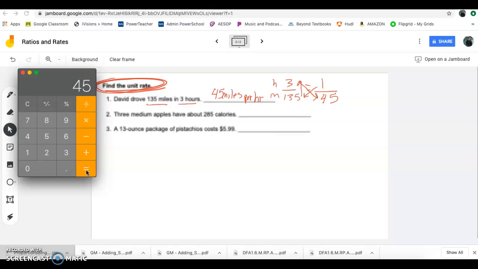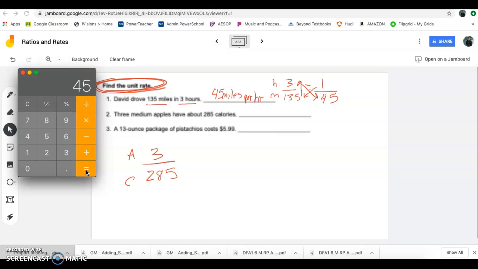I'm going to do the medium apples down below. All right, so 3 medium apples have about 285 calories. So I'm going to call it apples, and I have 3, and calories is 285. Do you think I care about 1 apple or 1 calorie? Let's be real, 1 calorie, like you sneeze, you get a calorie, right?